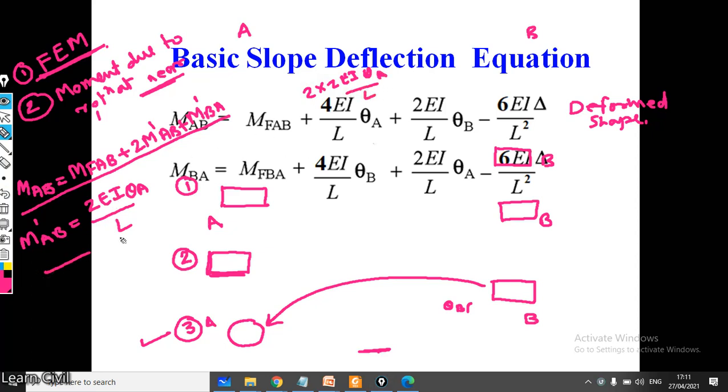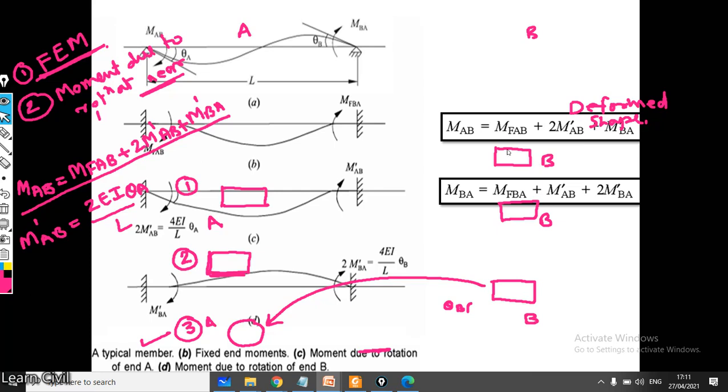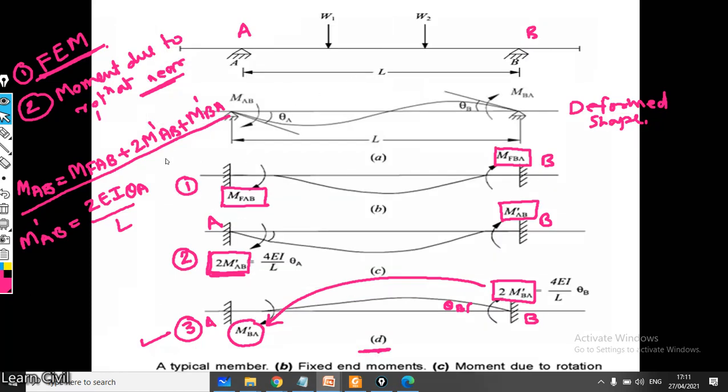So this M'AB is equal to this value, twice 2EI theta A divided by L. There is some similarity between the slope deflection method and Kani's method, therefore we consider Kani's method as an extension of the slope deflection method.